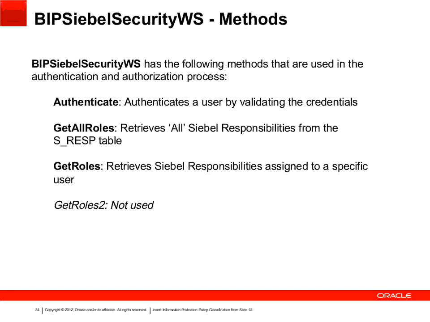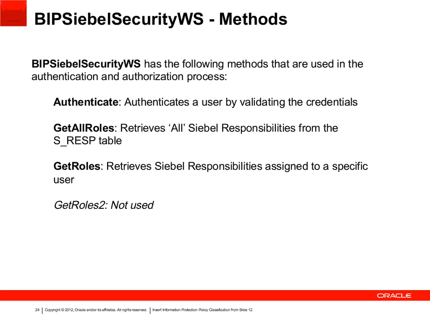The getAllRoles method retrieves all the Siebel responsibilities from the responsibilities table, whereas the getRoles method retrieves the Siebel responsibilities assigned to a specific user. Now, which user? The user who is placing a reporting request.